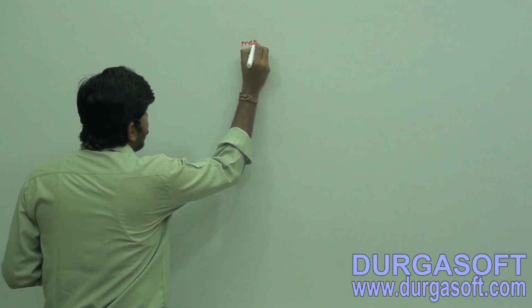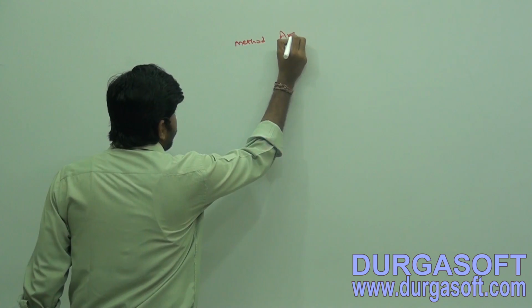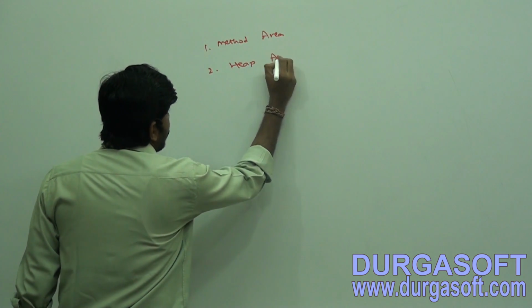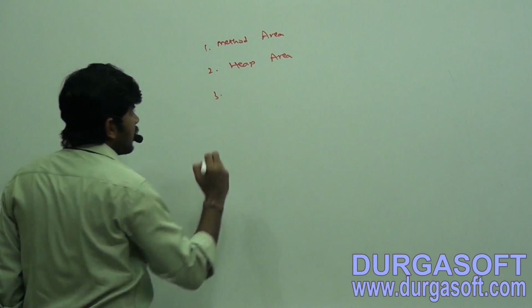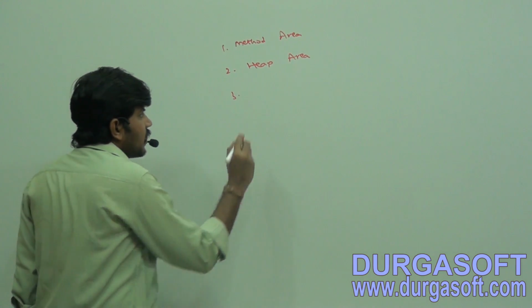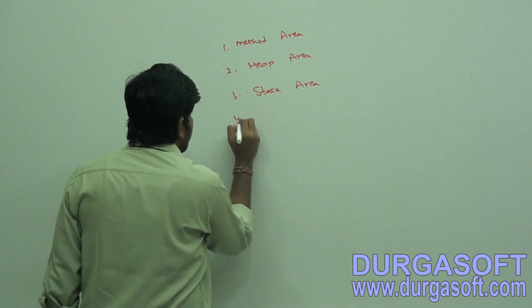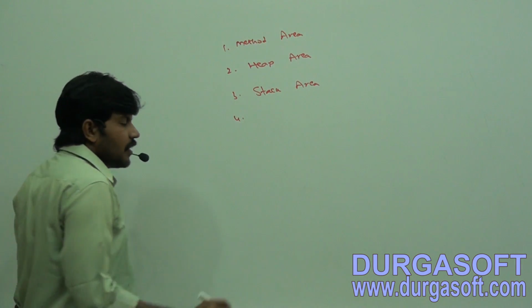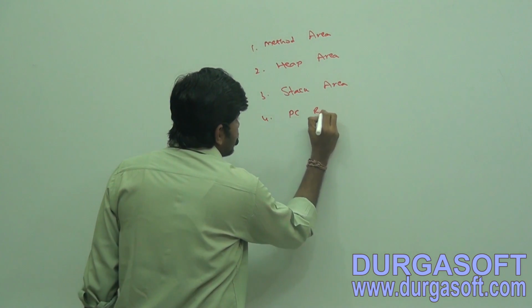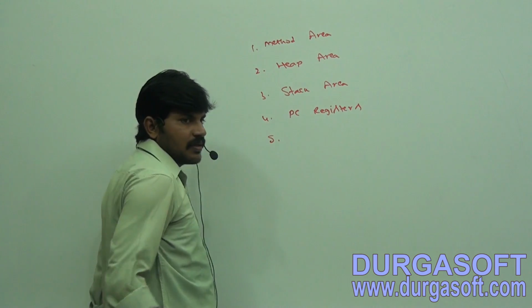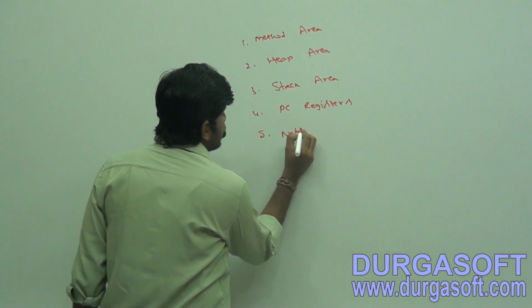The first is the method area, second is the heap area, third is the stack area, fourth is PC registers, and fifth is native method stacks.